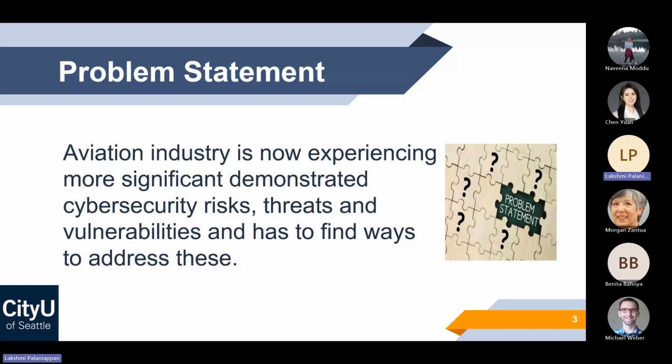Like all industries, the aviation industry is adopting emerging technologies like machine learning and development of autonomous aircraft. Hence, the aviation industry's cybersecurity risk management has become more complex and has to find ways to address these.